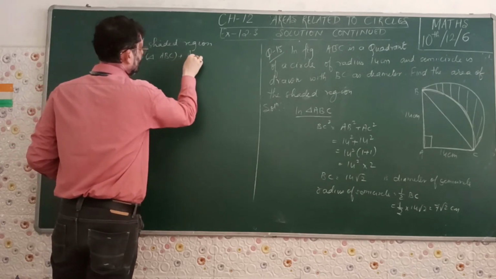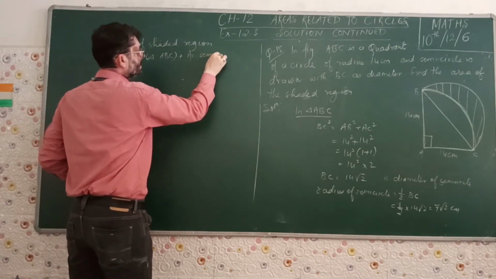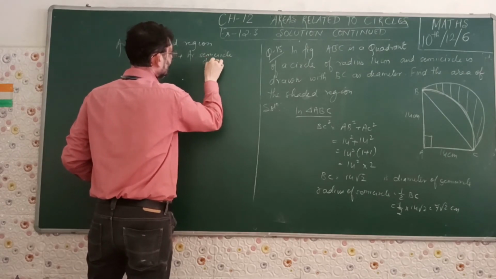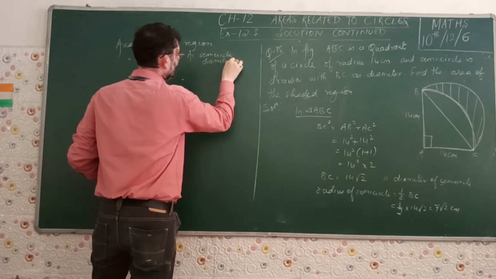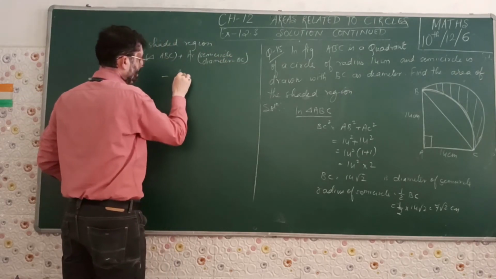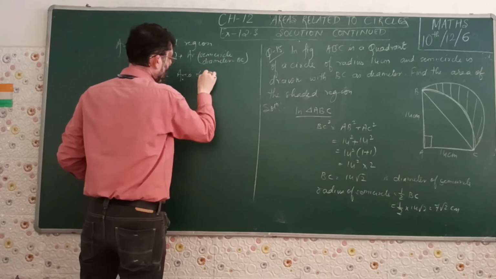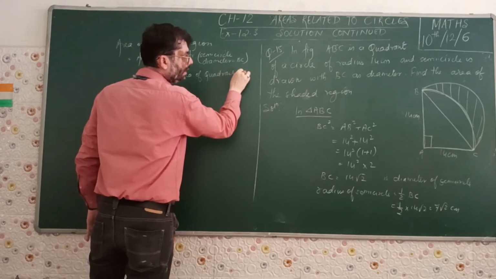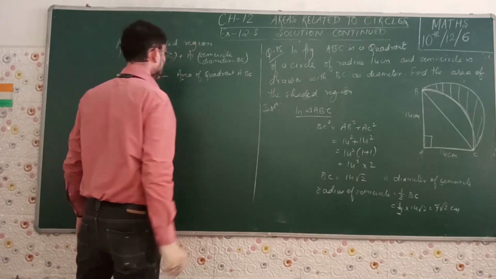plus the area of the semicircle with diameter BC minus the area of the quadrant AEX.